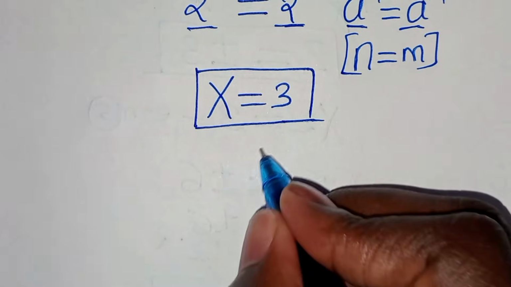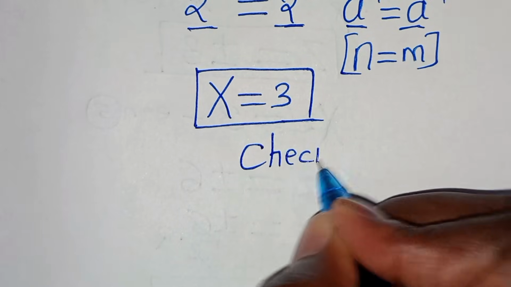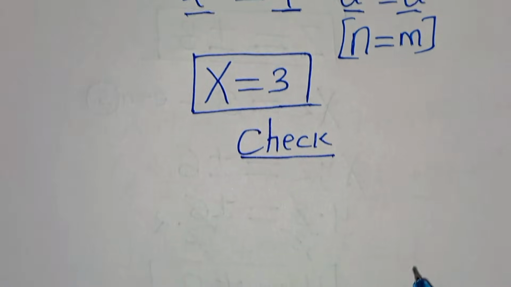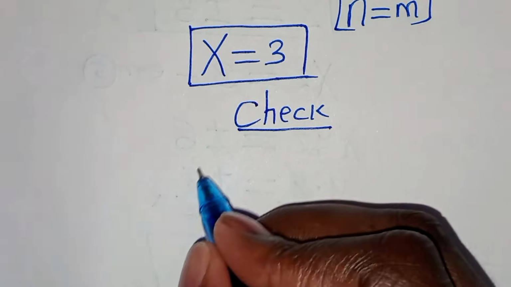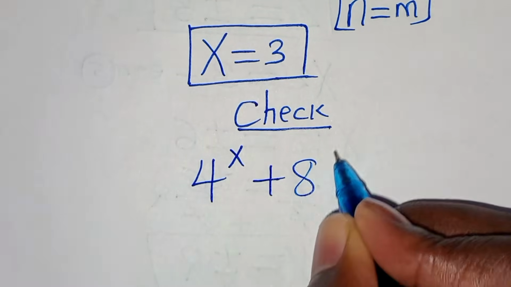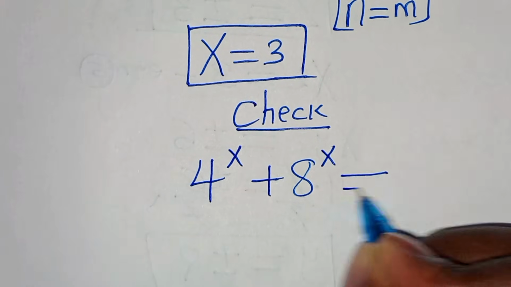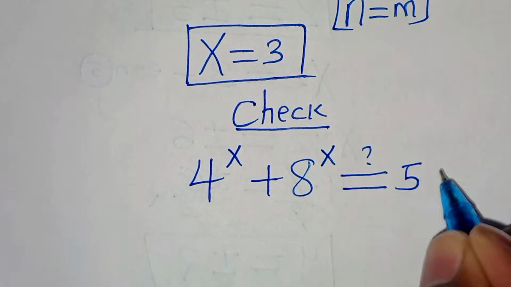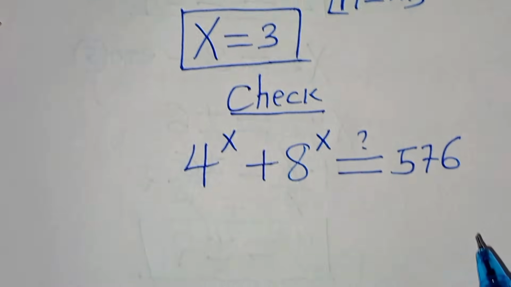So let's check if this value of x satisfies the equation. Now, if you recall, we have 4 to the power of x plus 8 to the power of x. This should give us a value of 576.